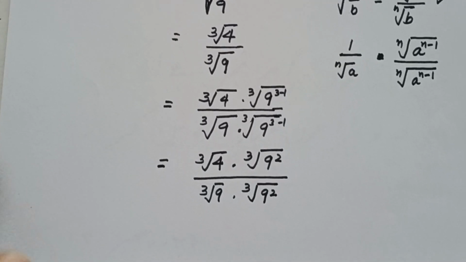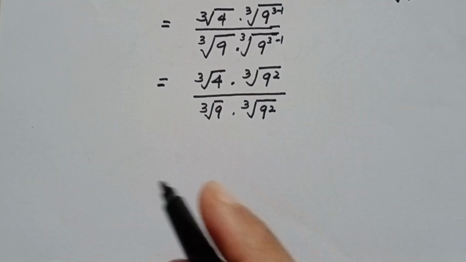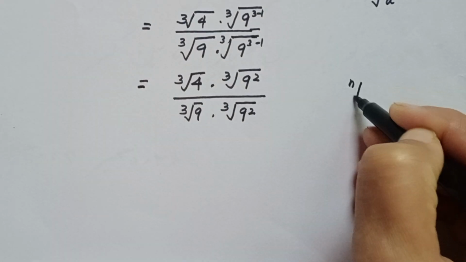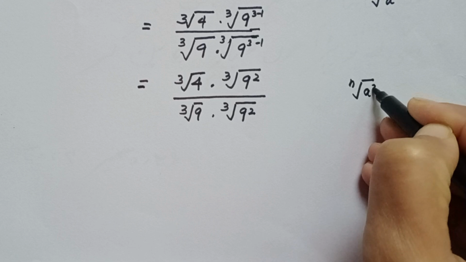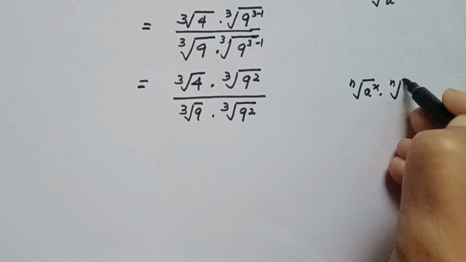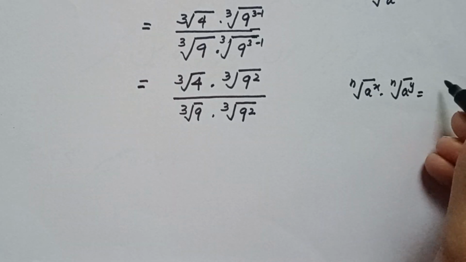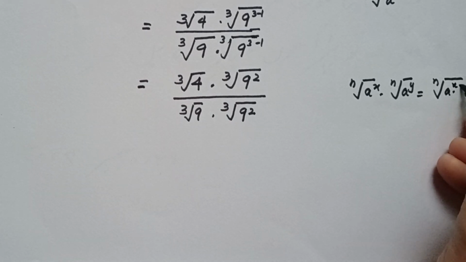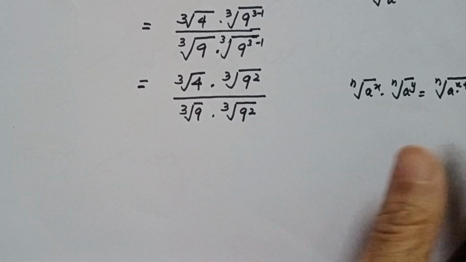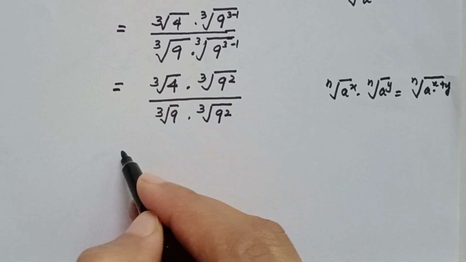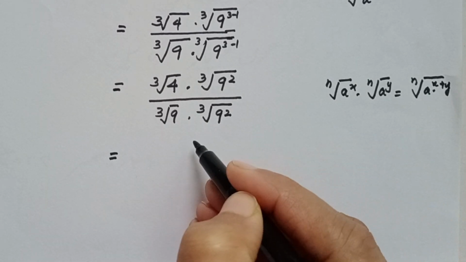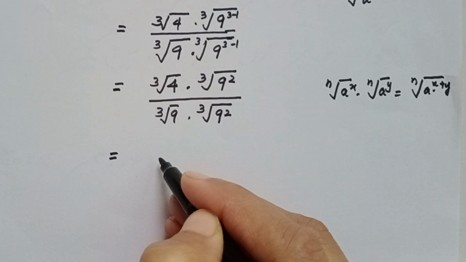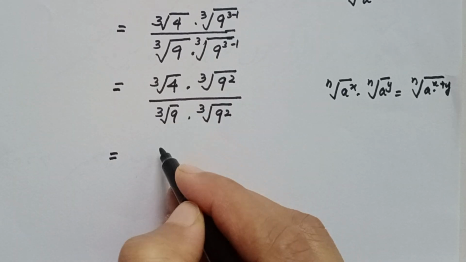So from here, from another very well known rule, that is if the nth root of a^x into the nth root of a^y is given, we can write the nth root of a^(x+y). We will use this rule here.